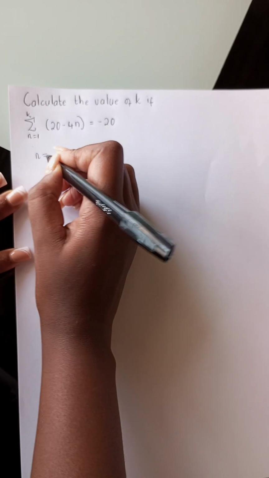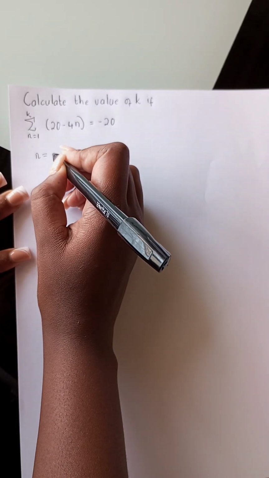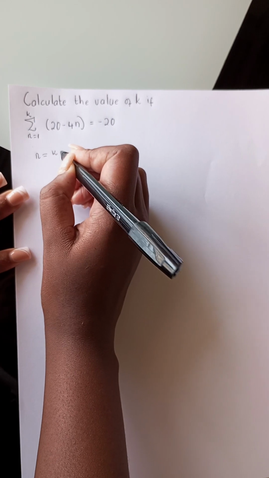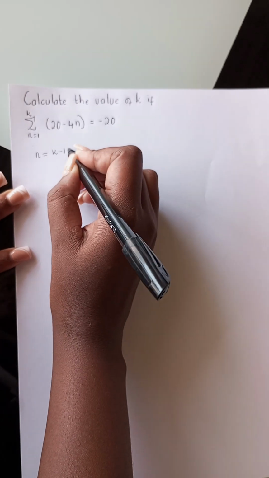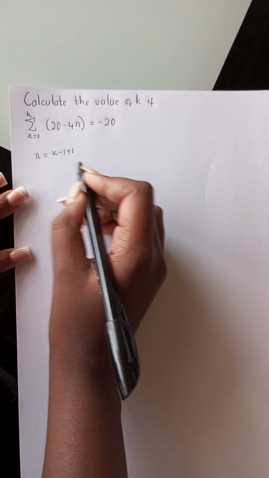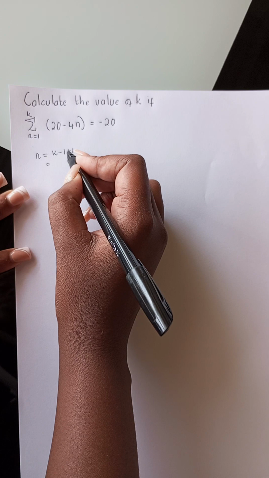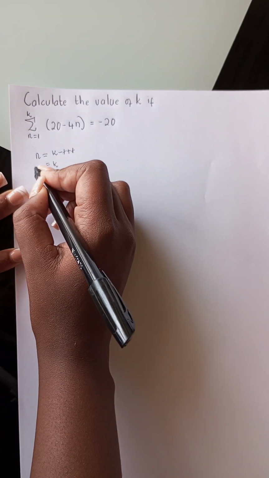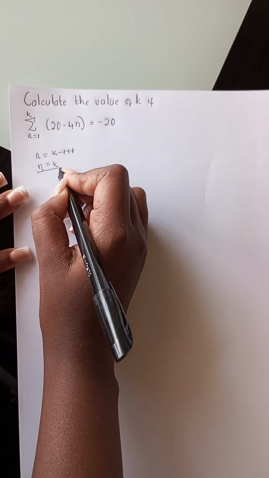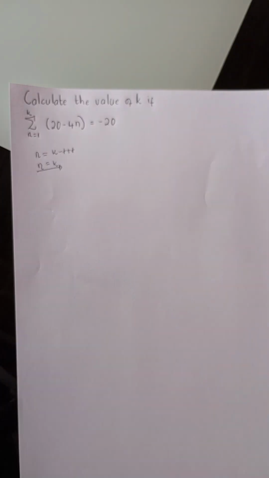The number of terms is equal to k minus the number at the bottom, in this case 1, plus 1. This is going to cancel with that, and we're going to be left with k. Therefore, n in this case is equal to k.